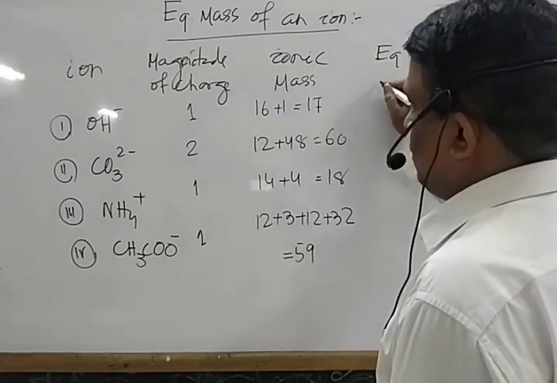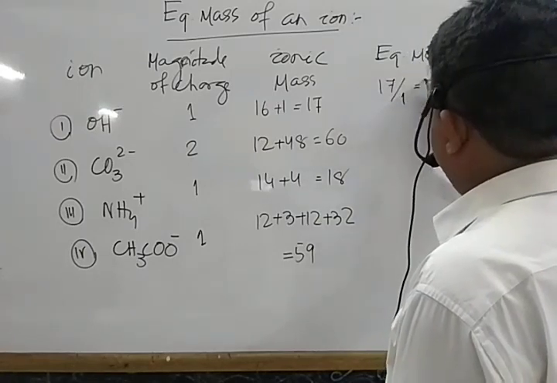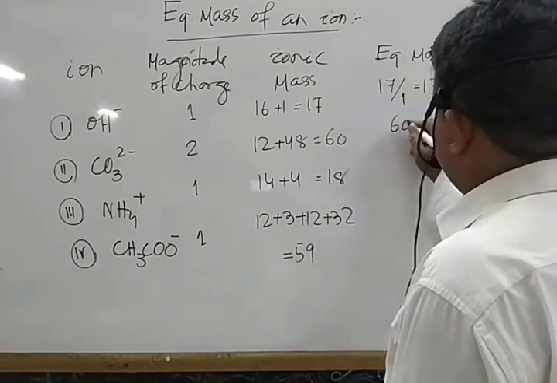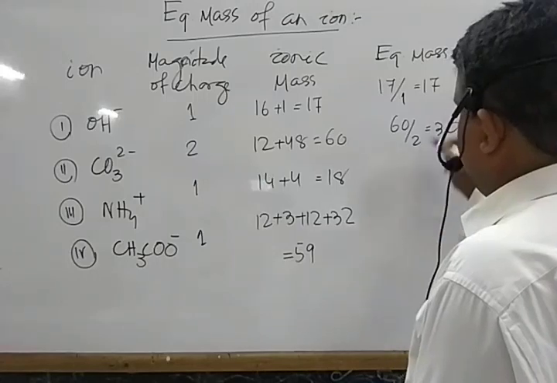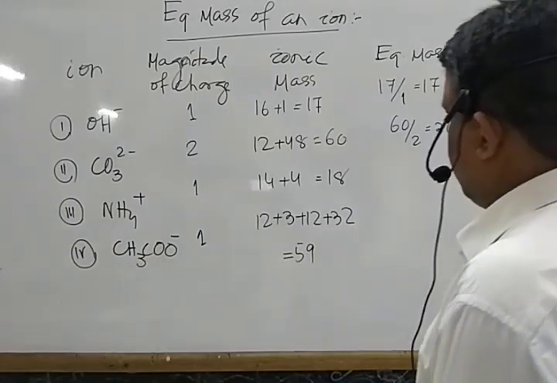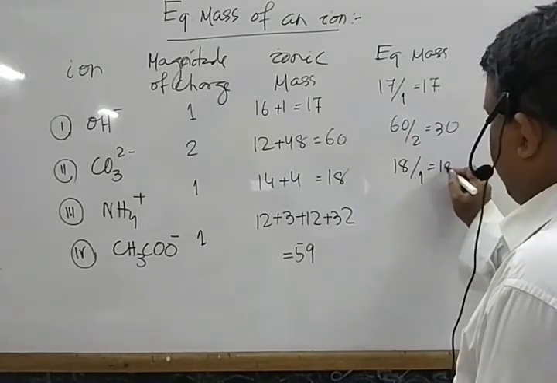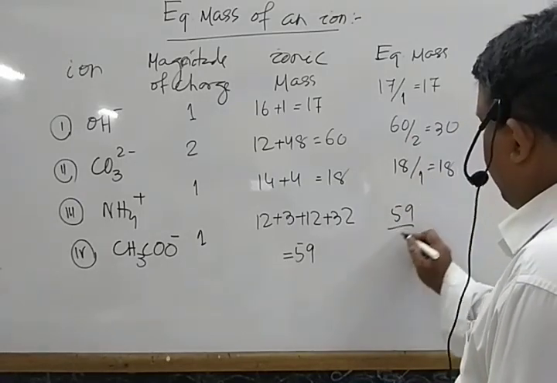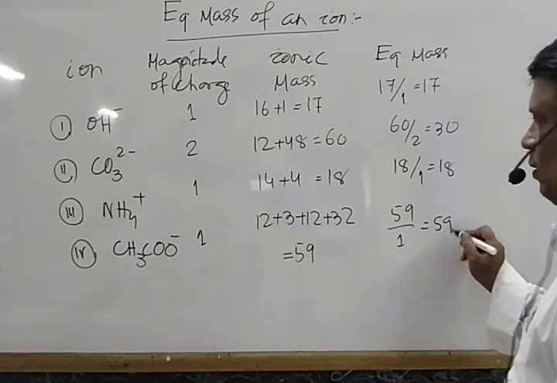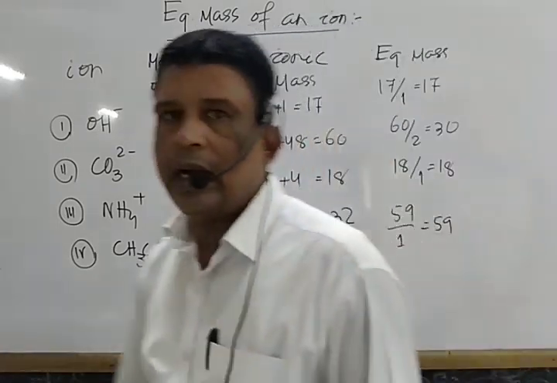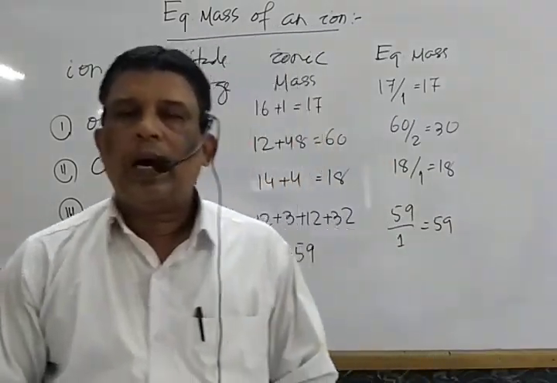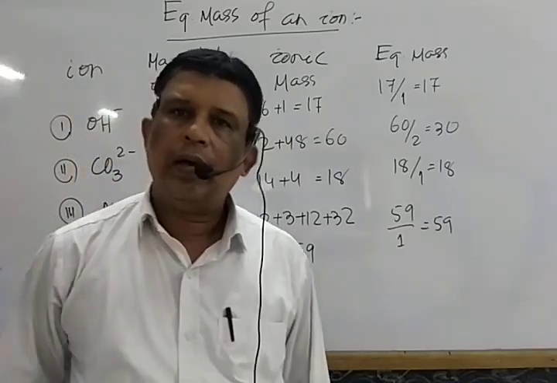Then equivalent mass is equal to 17 by 1 is equal to 17. 60 by 2 is equal to 30. Then 18 by 1 is equal to 18. 59 by 1 is equal to 59. This is a little idea about the equivalent mass of an ion.